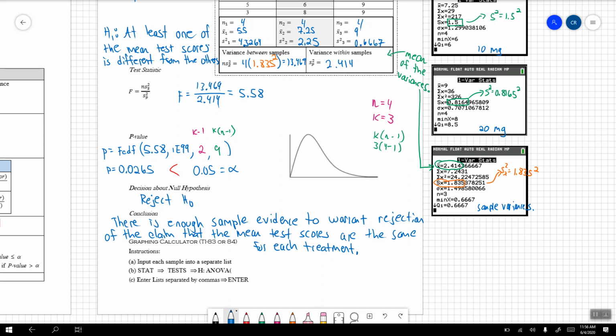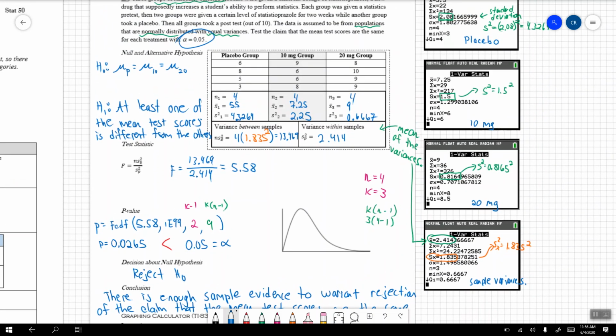So there is enough sample evidence, so we are able to come to the conclusion that given this sample evidence, we cannot accept the null hypothesis, meaning that there is enough sample evidence here to support our alternative hypothesis. But then again, we were testing the claim that the mean scores are the same.